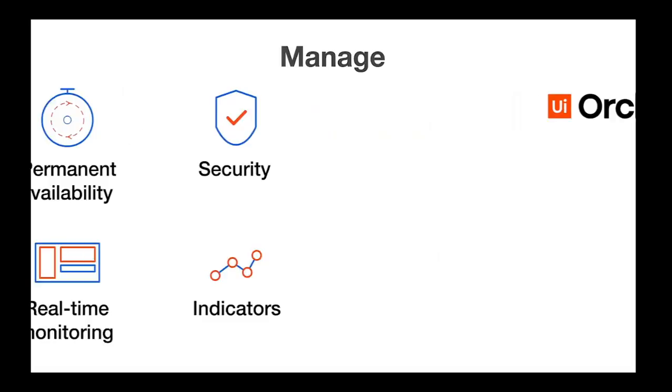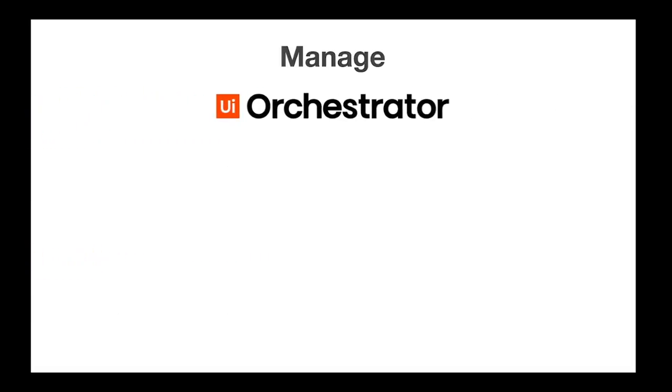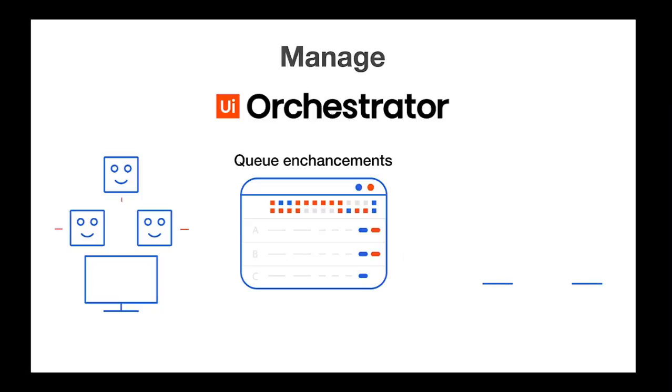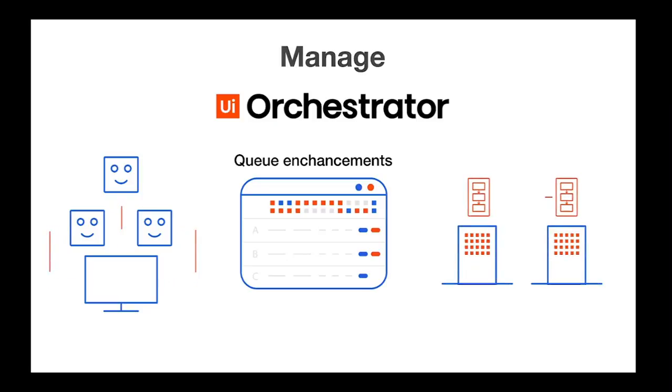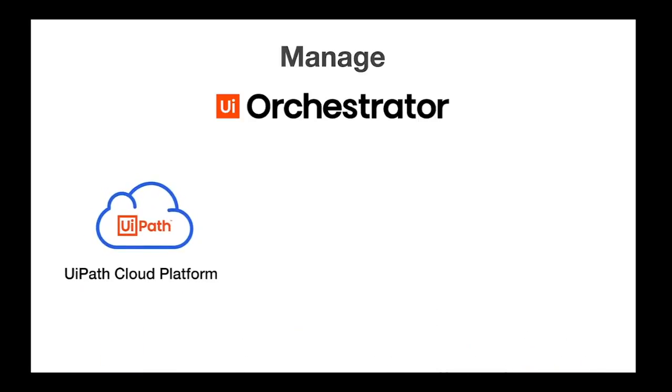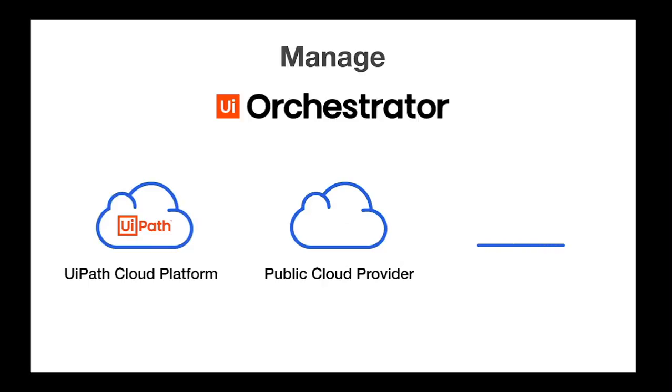In the UiPath platform, Orchestrator is in charge of robot management and delivers all the capabilities mentioned earlier: queues with triggers and SLAs, integration with different solutions, such as Active Directory for credential management, and a high availability add-on for mission-critical implementations. It can be accessed in the UiPath Cloud Platform, used in a public cloud provider like AWS, or deployed as an on-premises solution.